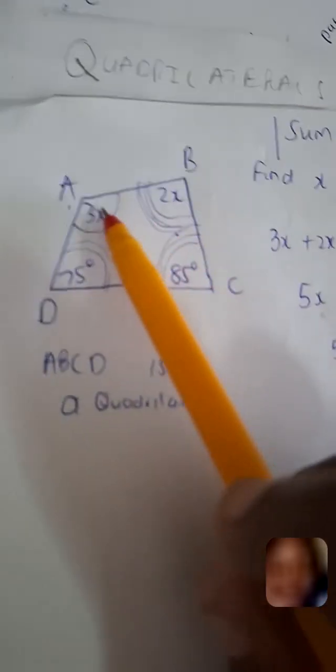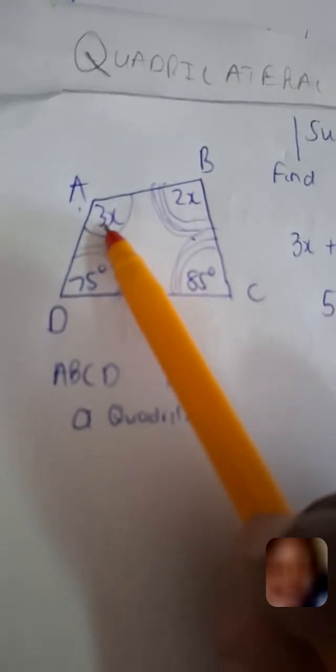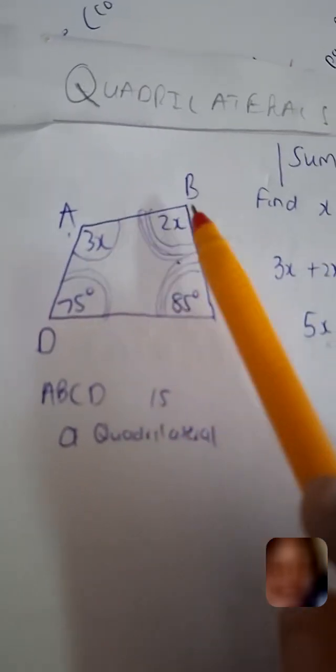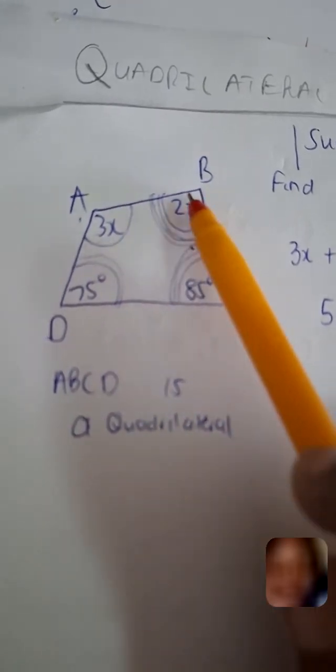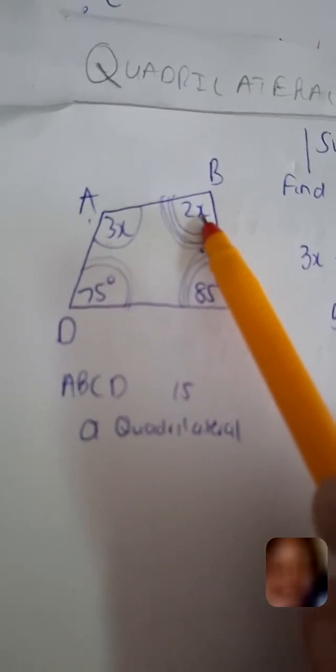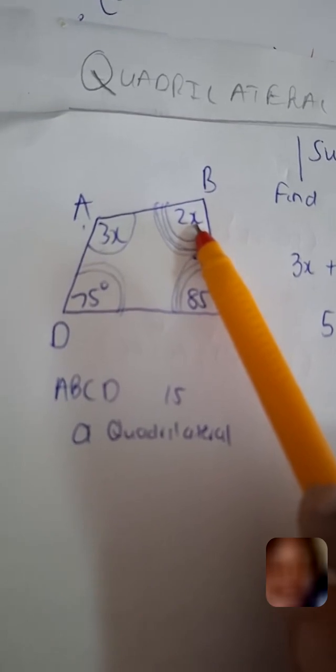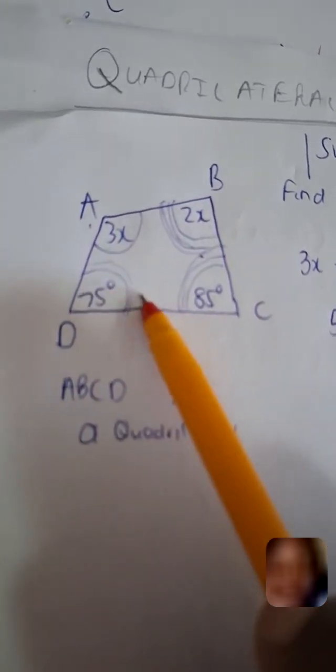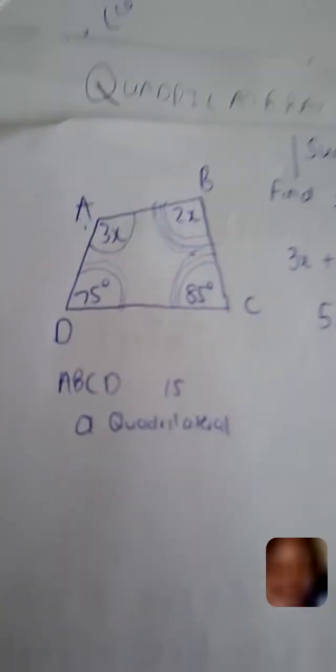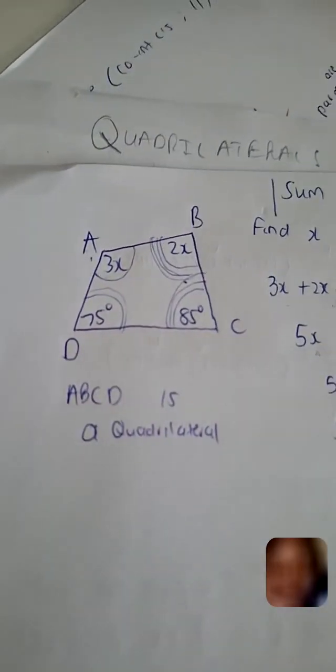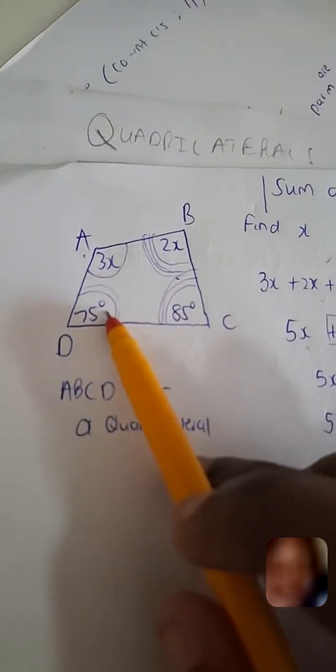Okay, Kia, please remember this angle A is 3x. Do we know what the value of x is yet? No. This angle here is 2x. Do we know what x is? No. This here is 75 degrees. We are given the actual angle, which means we know what angle D is.